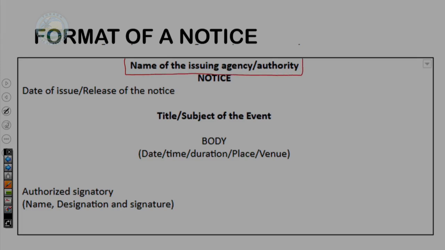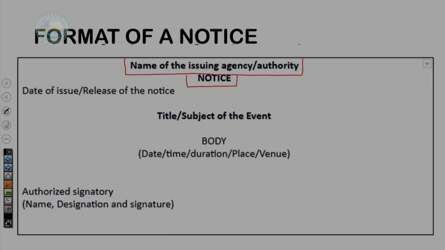It's usually top center. Top center, who this is coming from. The agency, the organization, the body. Below that, you're going to have highlighted the word notice. If you're going to actually write a notice, you can write this in bold or in capital letters, or you can underline it.